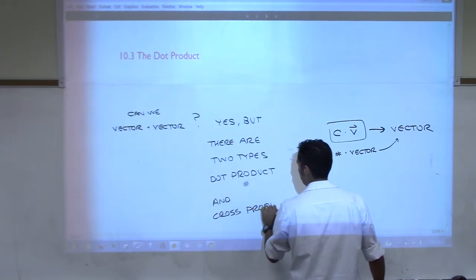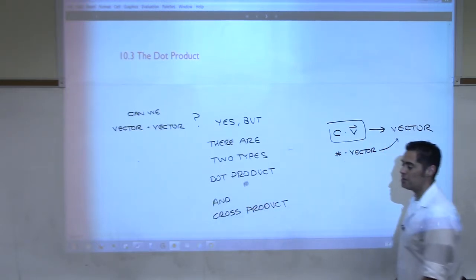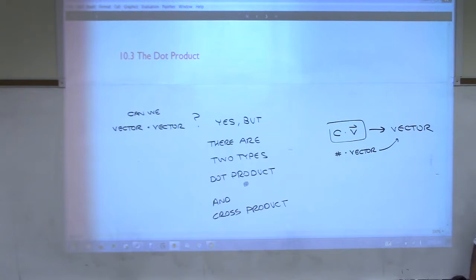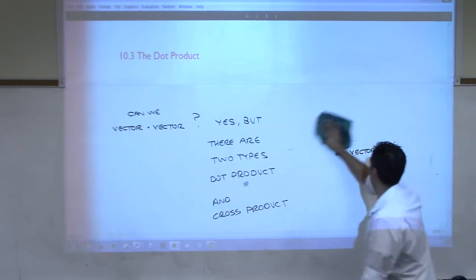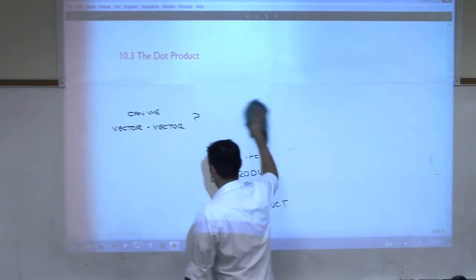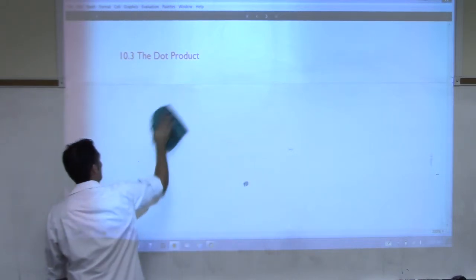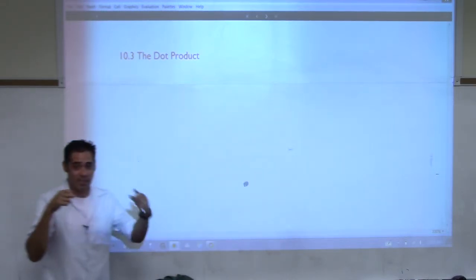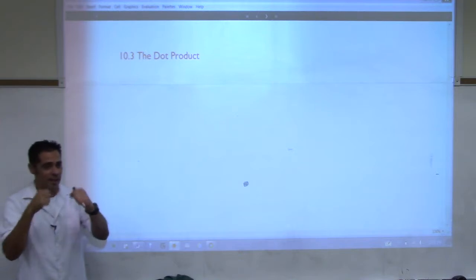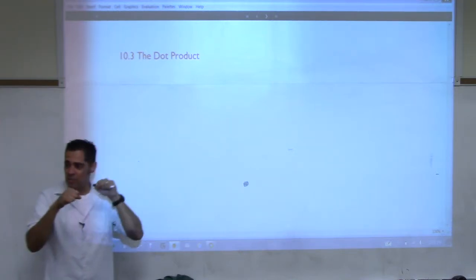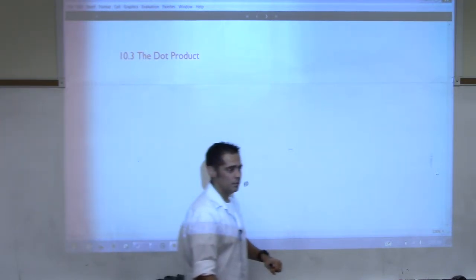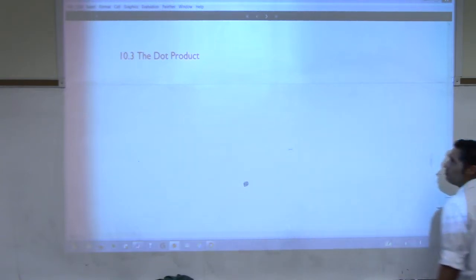And there's others, but these are the ones that are most applicable to what we do. All right, dot product. Let's start with that one. For the dot product, vector times vector equals number. That's what's going to happen when we do a dot product.